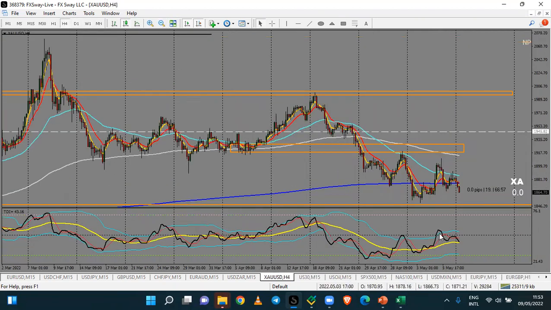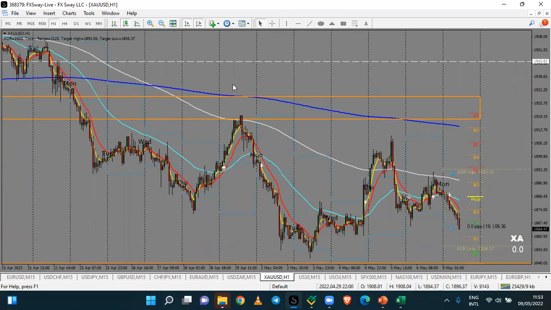What does the H4 tell us? The H4 tells us we had a peak reset here. We first had a peak reset here, it came all the way down, and then it came back to another peak reset and we are going down. You can see here, we're on that area.